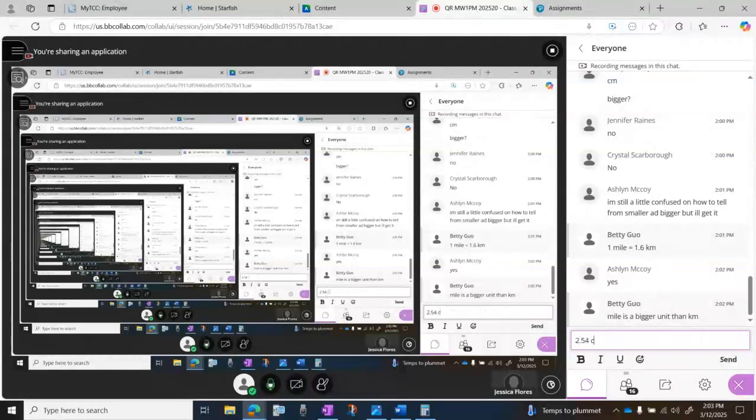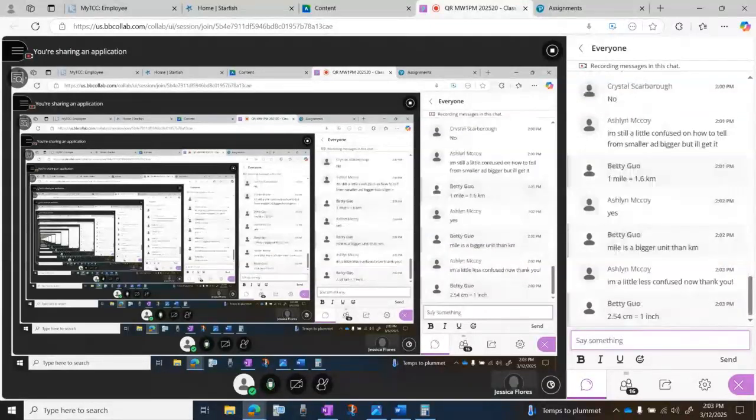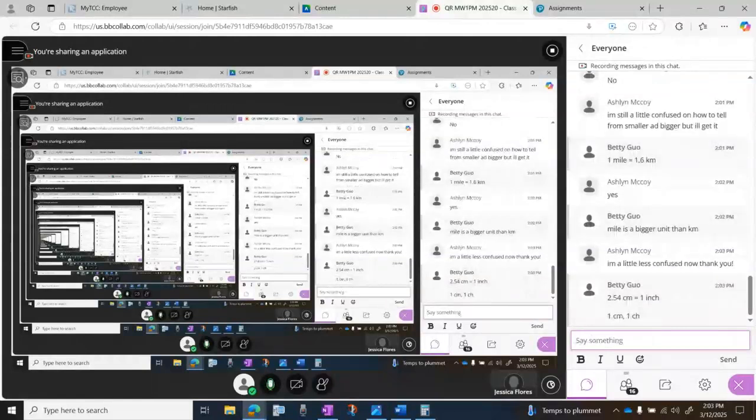And later, when we do 2.54 centimeters equals 1 inch, and then we say which unit is smaller, I'm a little less confused now. Okay, but still confused, right? So when we say 2.54 centimeters equals 1 inch, and I ask you between centimeter and inch which unit is smaller and which unit is bigger, I'm asking, comparing 1 centimeter and 1 inch, which is longer?